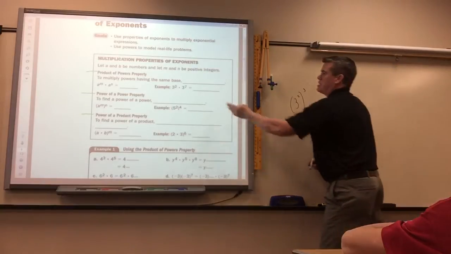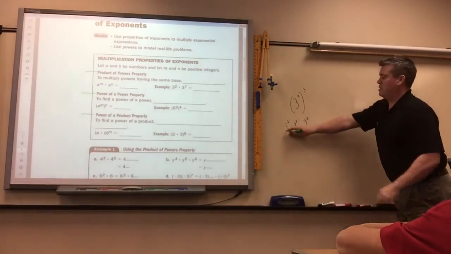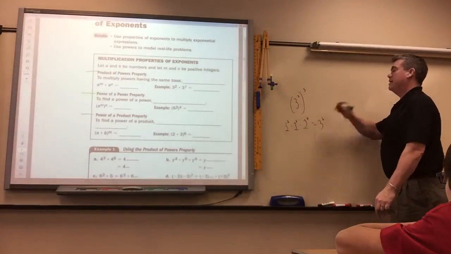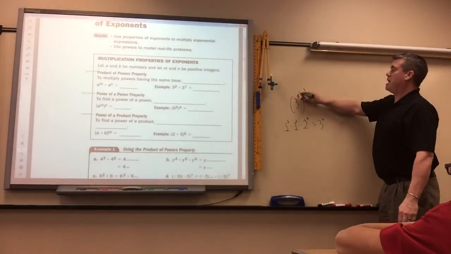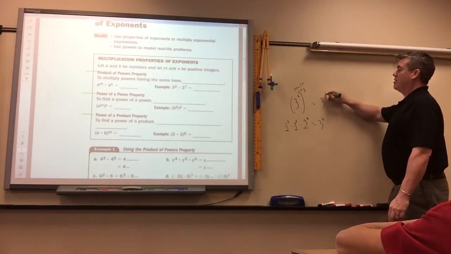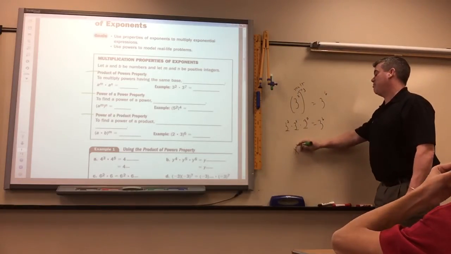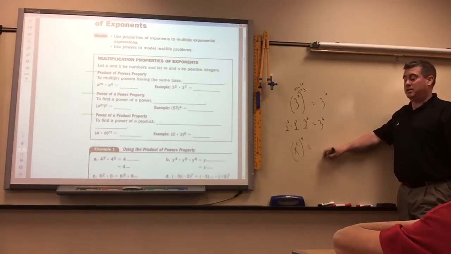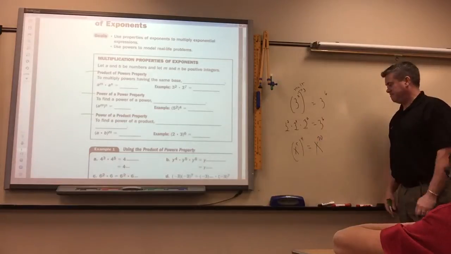Then this just gets back to this property, where when they're the same base, you can just add the tops. The shortcut is, when it's a power raised to a power, you multiply them. So x to the 5th raised to the 4th would be x to the 20th.